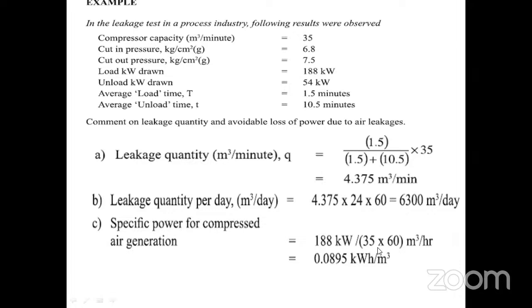Meter cube per hour will be 35 into 60. In the numerator it is kilowatt. In the denominator it is meter cube per hour. What will happen then? Kilowatt hour per meter cube will remain.